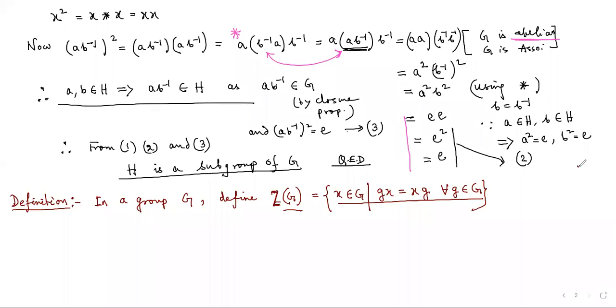This means, if I write explicitly, suppose I take an element g1 from capital G, and I say that x g1 equals g1 x for all x belonging to G. That means all the elements x are commuting with the element g1. Then we have g2, and we find that x g2 equals g2 x for all x belonging to G. So for all such g1 and g2, this criterion is holding.